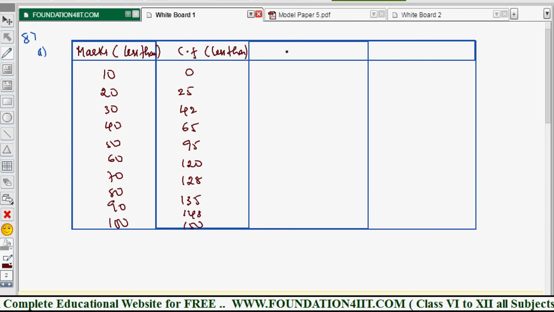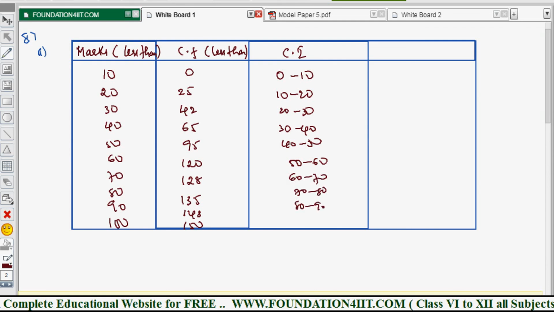Now for the class interval, since it is less than 10, 20, you should take the class interval from 0 to 10 and 10 to 20, 20 to 30, 30 to 40, 40 to 50, 50 to 60, 60 to 70, 70 to 80, 80 to 90 and 90 to 100.